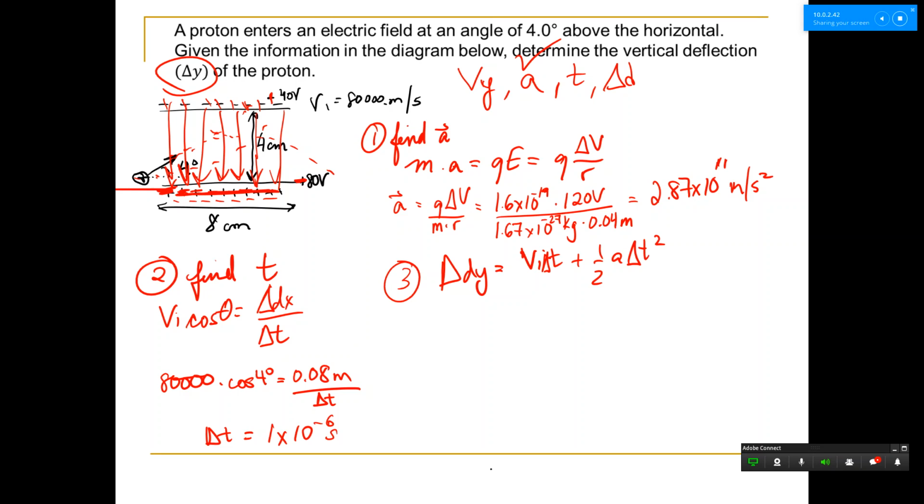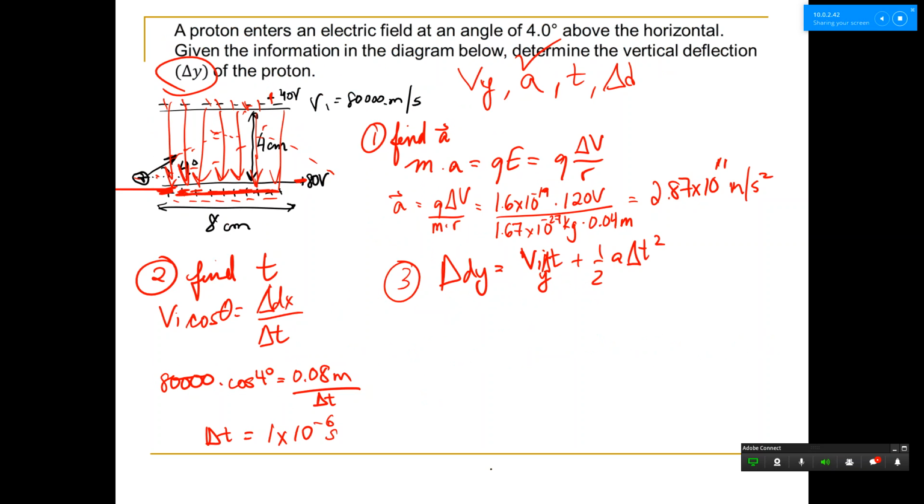So in this case, is it just the VI of the initial problem, or do we need to break it down into another component? Is it just regular VI, or is it VIY? Yeah, it's VIY.